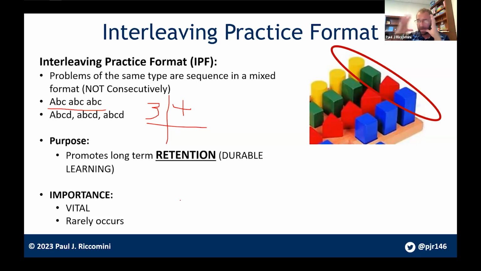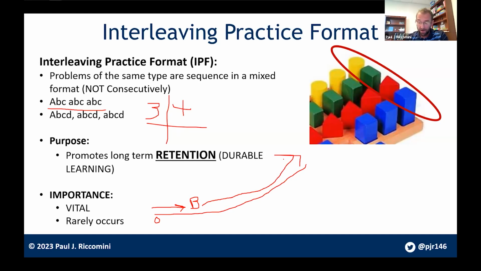So what I want you thinking about is, and I'm going to draw a rudimentary graph here, we want our block practice to occur on the front end. So they don't know anything. Think about 0. They don't know anything. We start teaching them. We want to give them block practice so they begin to acquire the skill.